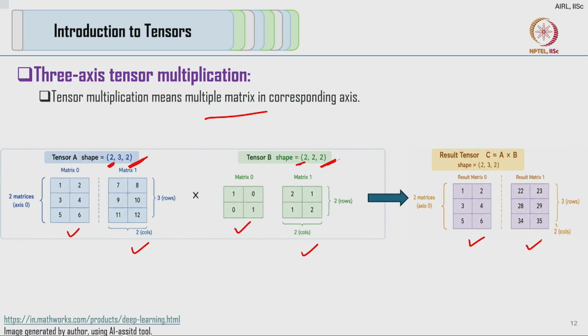So essentially we can define across which axis we want the matrix to be multiplied. However, the fundamental rules of matrix multiplication are still in place. Essentially we can't multiply across any axis because there may be a shape mismatch, right.